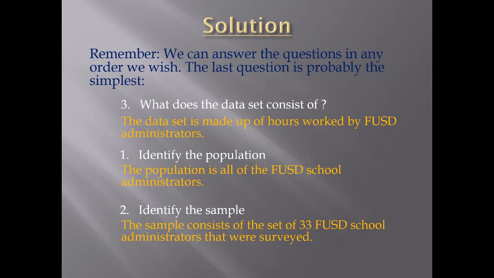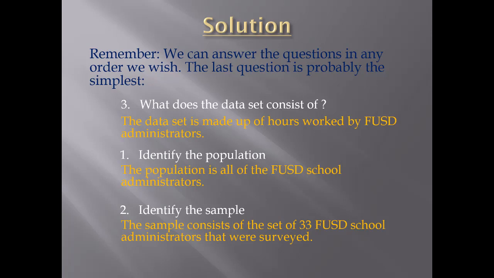When you look at all the different schools, the principals, the vice principals, people that work in the district office, all the different types of administrators, there's more than just principals and vice principals. So you get to more than 1,000 administrators in Fresno Unified School District, but we only surveyed 33 of them. So that sample consists of the set of 33 Fresno Unified School District administrators that were surveyed.